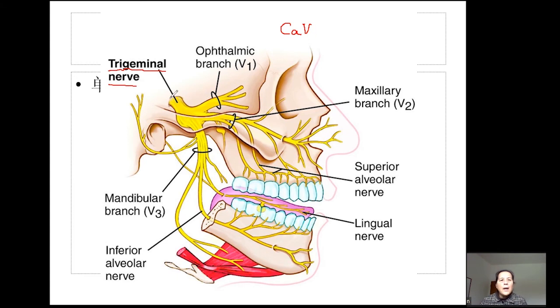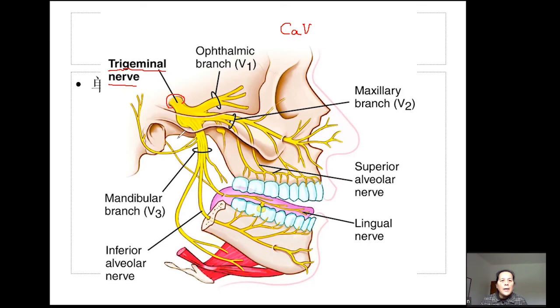This nerve comes out from the brain and out through the skull bone right in front of the ear, close to our TMJ.